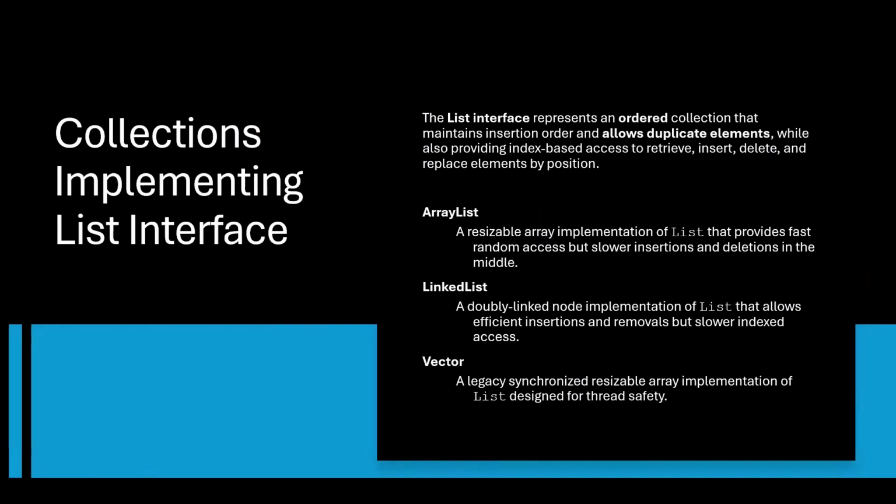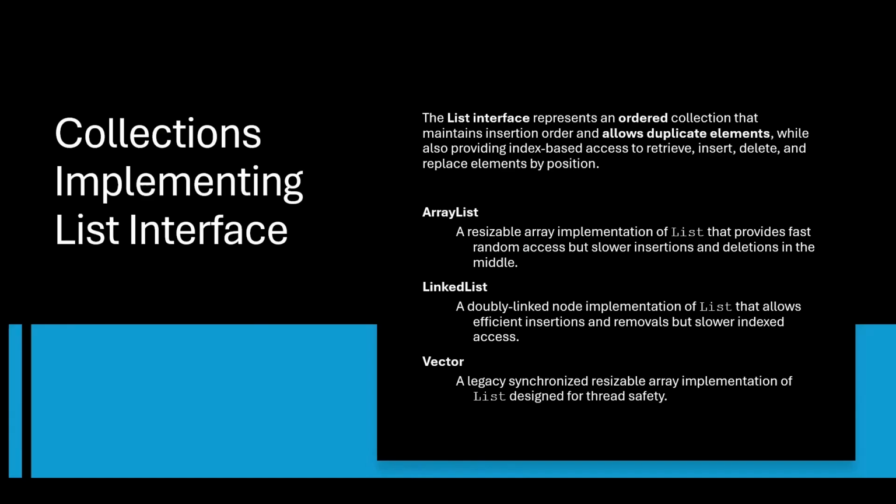So an element with an index of 0 is inserted before an element with an index of 1, and so on and so forth. It allows duplicate elements, and it also allows index-based access to retrieve, insert, delete, and replace elements by position.